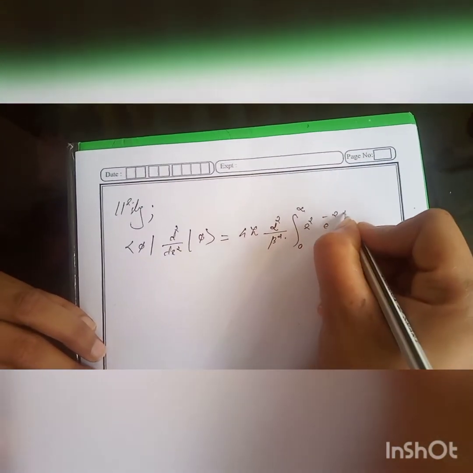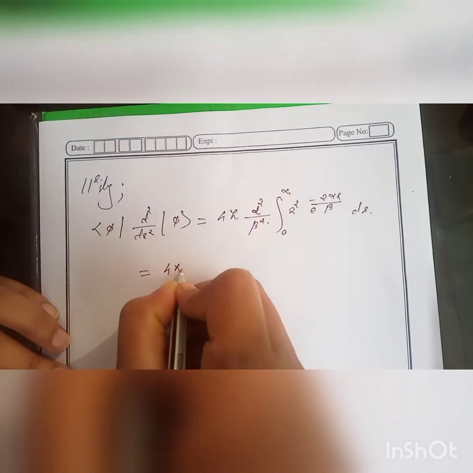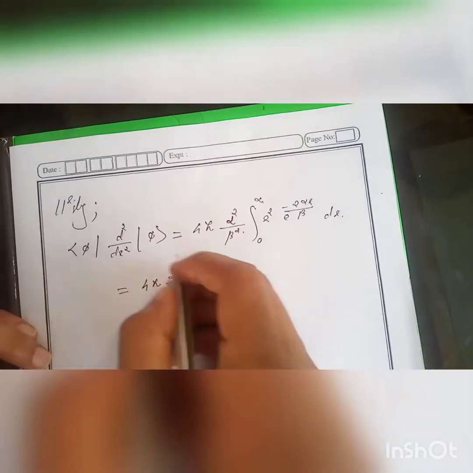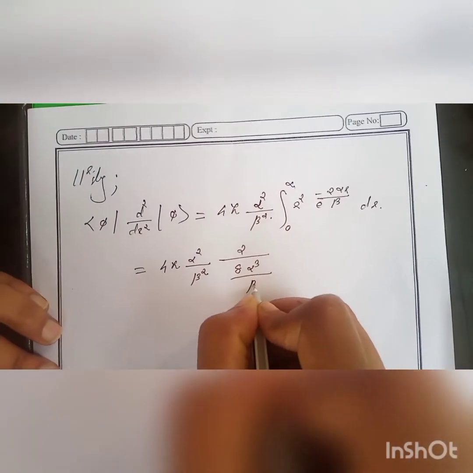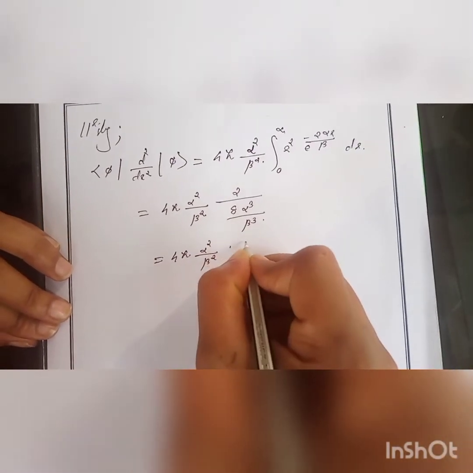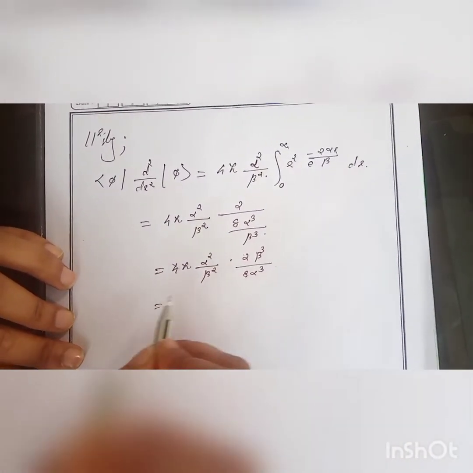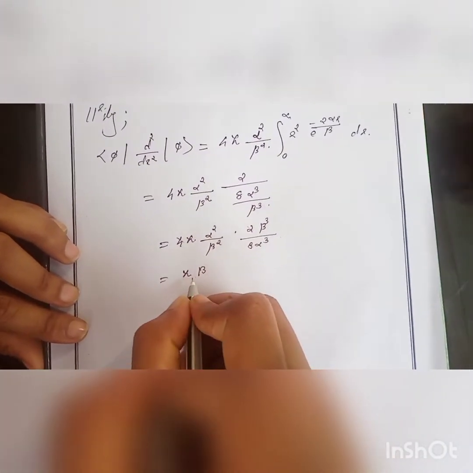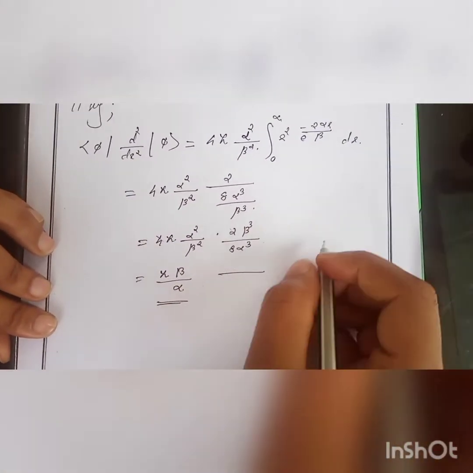Then integral 0 to infinity r square e raised to minus 2 alpha r divided by beta dr, which is equal to 4 pi into alpha square divided by beta square into, this is also in the form of a standard integral, 2 by 8 alpha cube divided by beta cube, which is equal to 4 pi alpha square by beta square into 2 beta cube divided by 8 alpha cube, which is equal to pi beta divided by alpha. This is equation number B.